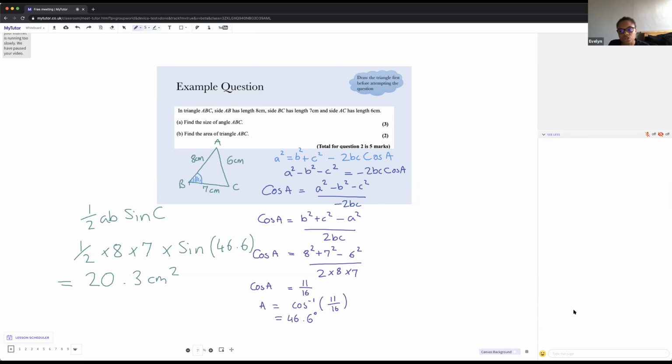You can't use SOHCAHTOA or Pythagoras theorem if you do not have a right-angled triangle. When you don't have a right-angled triangle, like a triangle like this, that's when you use sine rule, cosine rule, and this area for a triangle. But for right-angled triangles, you can literally just use half times base times height, and you can use SOHCAHTOA and you can use Pythagoras theorem, but you can only use those with right-angled triangles.